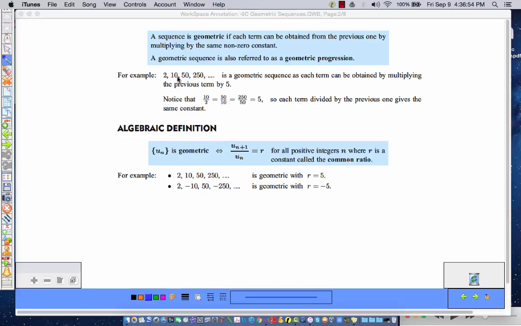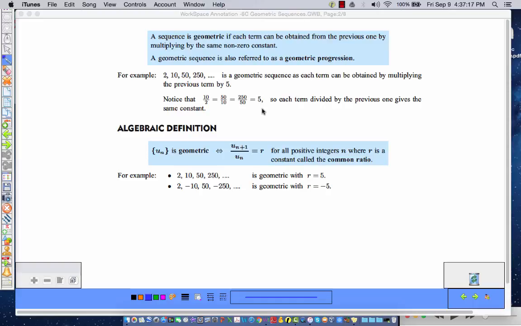So you can see that 10 divided by 2 is equivalent to 50 divided by 10, which is equivalent to 250 divided by 50, which are all equal to 5. So for this particular geometric sequence, the common ratio is 5. And that is what makes a geometric sequence a geometric sequence.